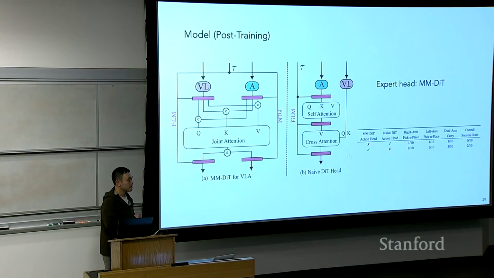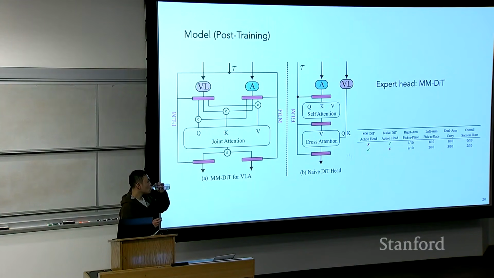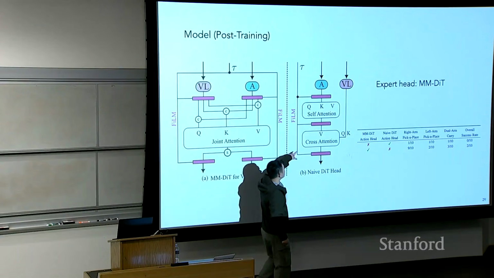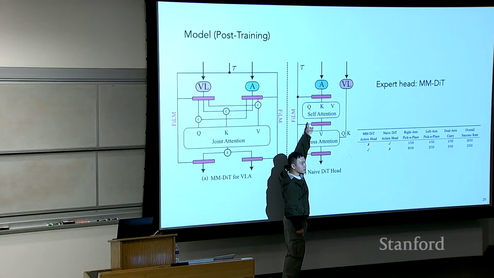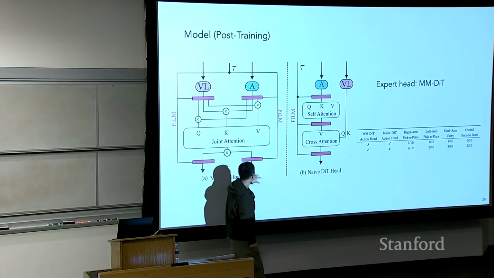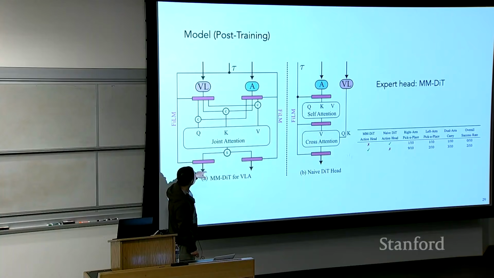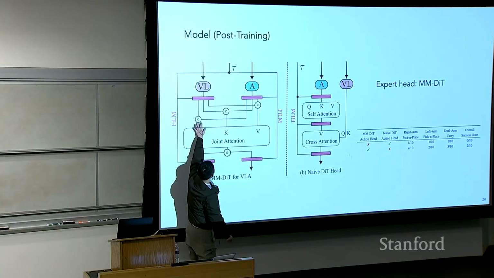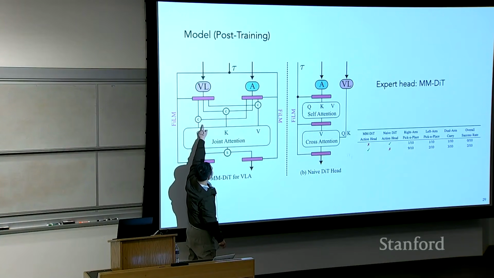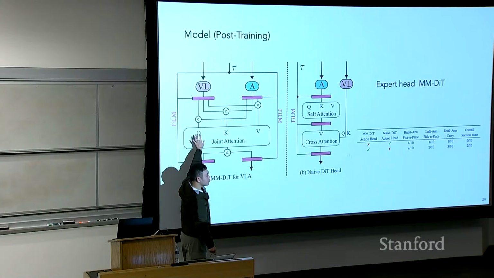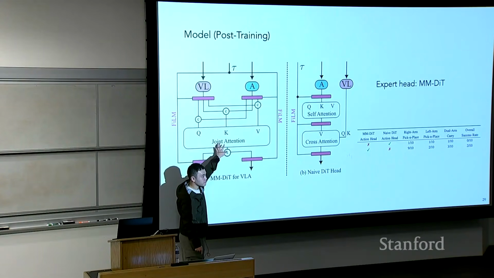If you're already doing a self-attention model, why are we still concatenating the vision, language, and action features before sending them in? If you look at the DiT head, the self-attention only happens on the action tokens. But for this one, they first concat the features from VL tokens and the action tokens, and then they do the joint attention.